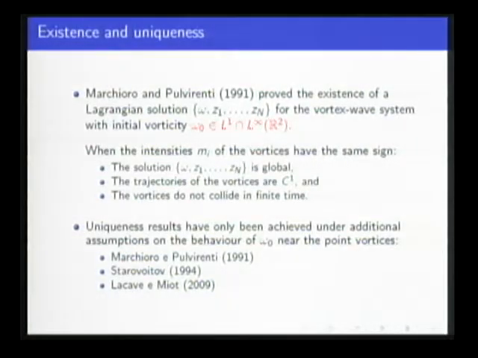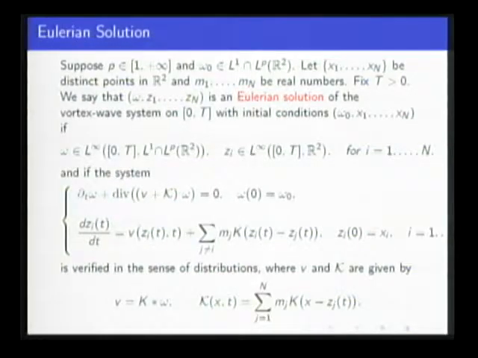In this talk, we'll be focusing on a weaker notion of solution, which is the Eulerian solution. Given an initial vorticity omega 0 in L1 intersect L^p, and our point vortices x1 to xn with intensities m1 to mn, we'll say that this is an Eulerian solution of the vortex-wave system if omega is in L infinity in time, L1 intersect L^p in space.